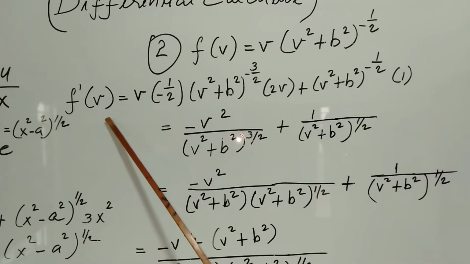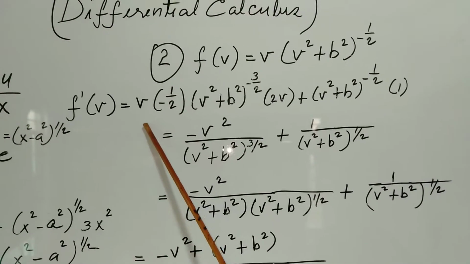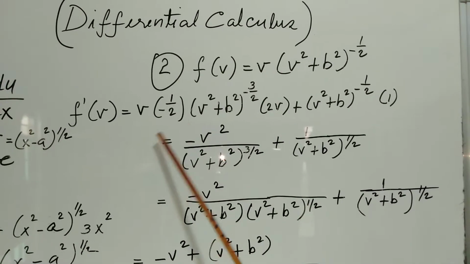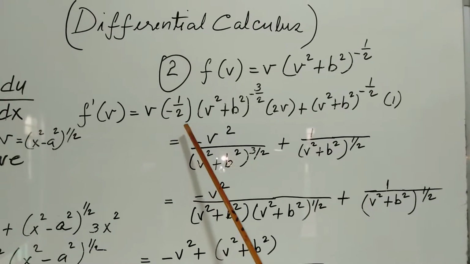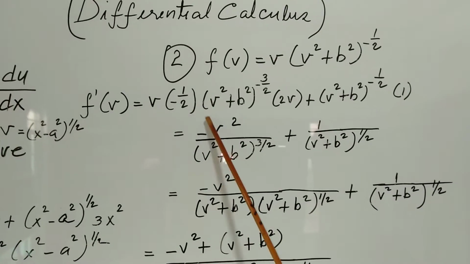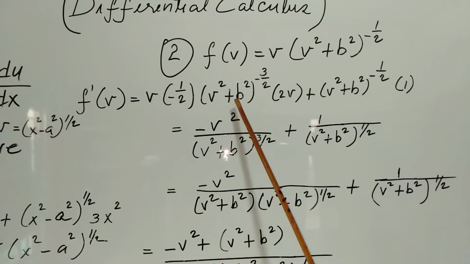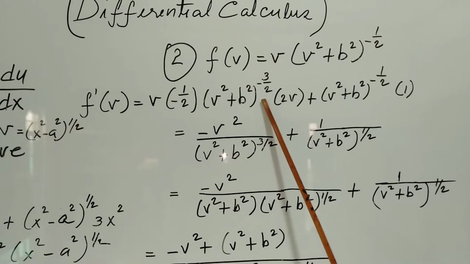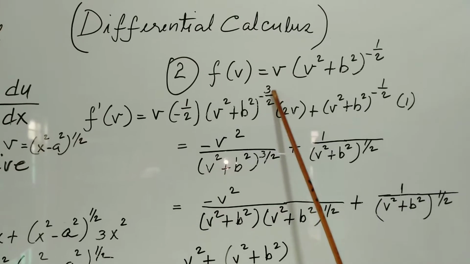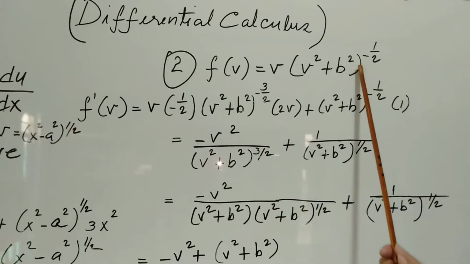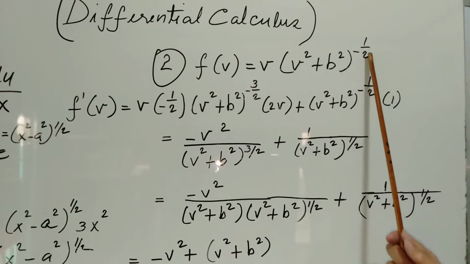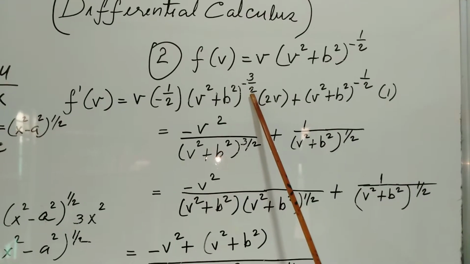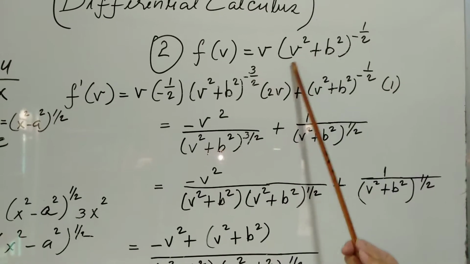So f prime of b is equal to the first term, b, times the derivative of the second term, which is negative 1 half times the quantity b squared plus b squared raised to, we subtract 1 from this fraction here, negative 1 half minus 1 is negative 3 over 2, times the derivative of 2b, no?